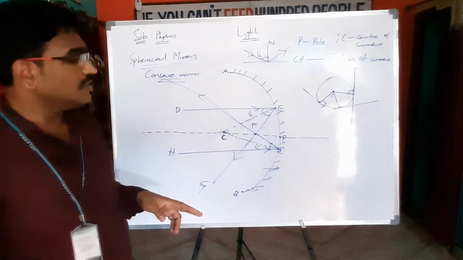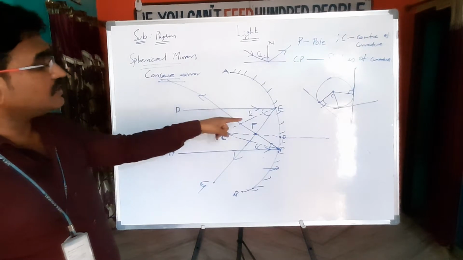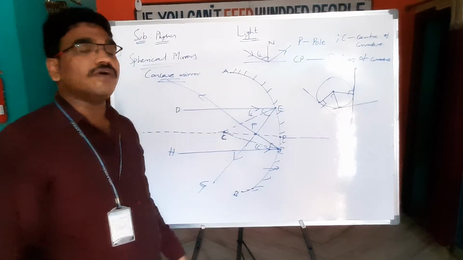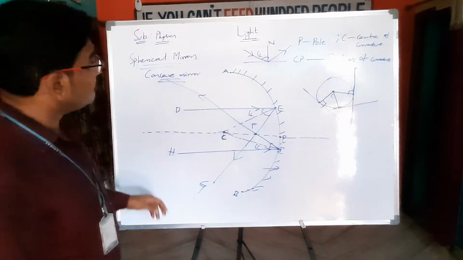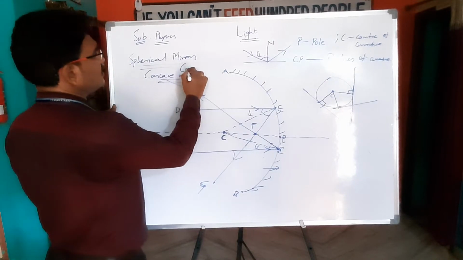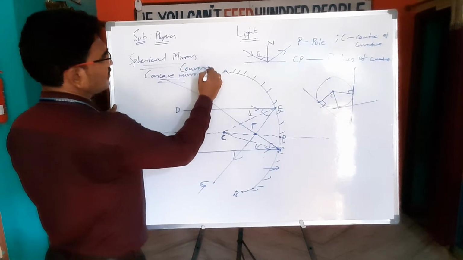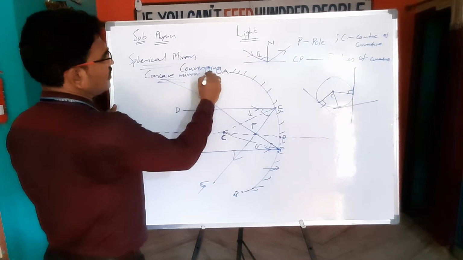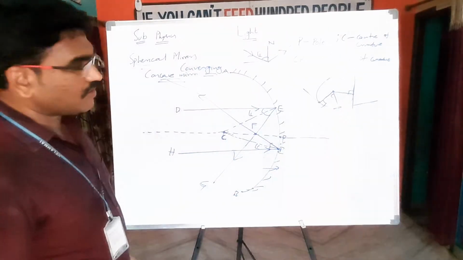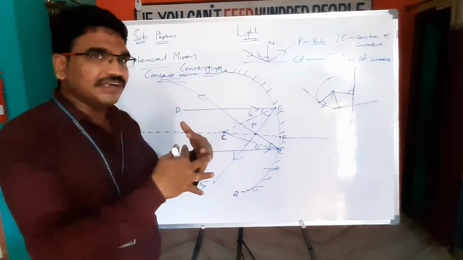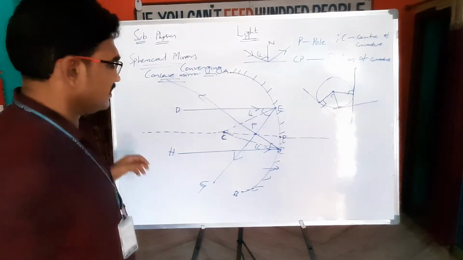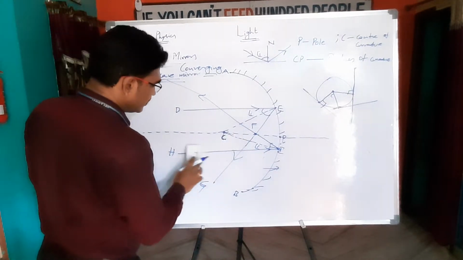With respect to this converging point, we call the concave mirror a converging mirror also, because the light rays are really meeting. So they are converging. Now this is the principal focus.